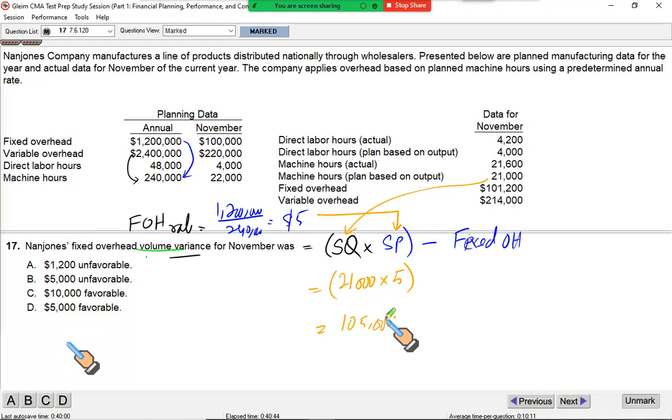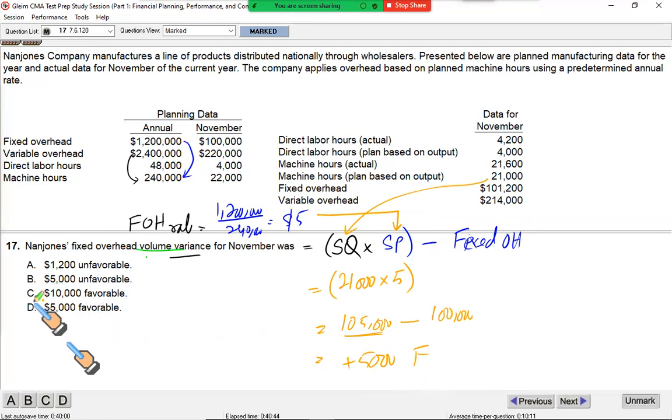Right? This is what is absorbed in production. Minus what is the actual? Not actual. What is the flexed fixed cost? It is $100,000. So absorbed in production, allocated to production is 105. The budget was 100,000. So this is clearly 5,000 plus, and it is going to be a favorable variance. Let's press D. Right? D is the answer.